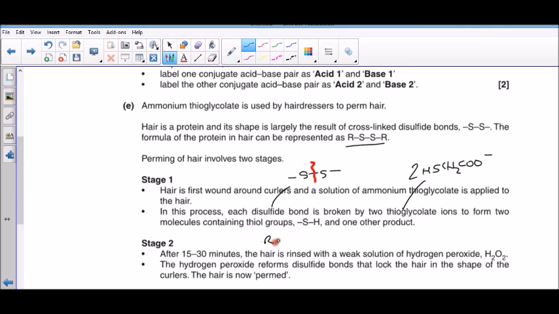So if we look at what could happen here, we know we're cutting this bond, and what we'll end up with is RSH and HSR. So we've got 2 molecules containing the thiol groups here. We're going to use RSSR plus 2 of these, and we're going to make two of these and one other product.